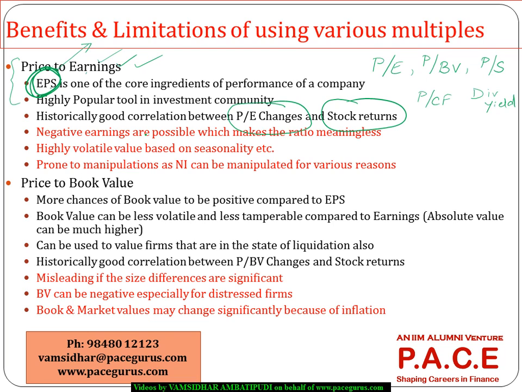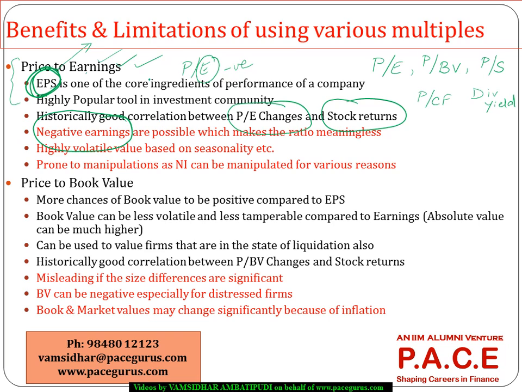But of course, there is a good chance for a company to have a loss in a particular year, which means the earnings could be negative and the P by E ratio has no meaning in that particular context, especially when E is negative. So for those companies where E is expected to be negative, there is no point in computing the P by E ratio.